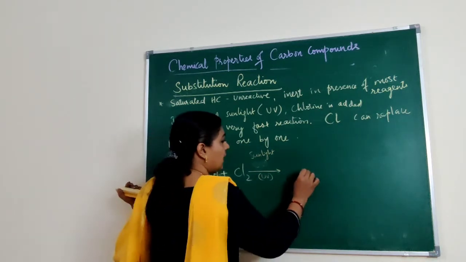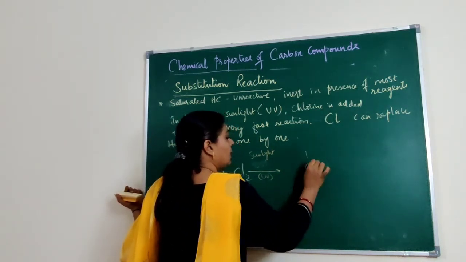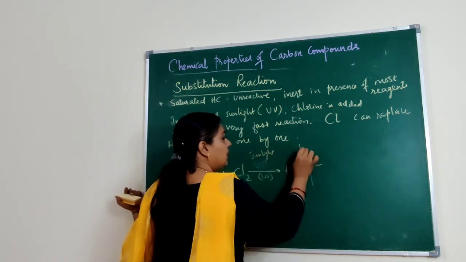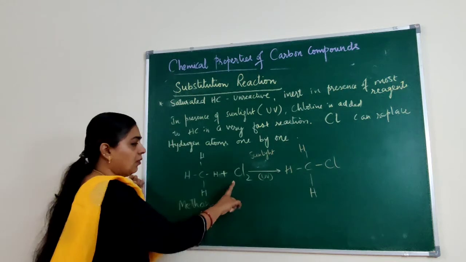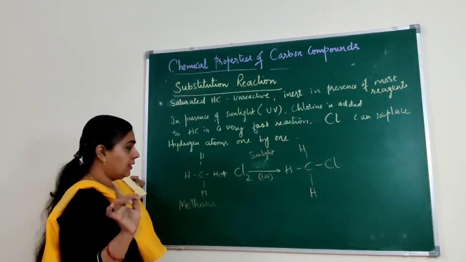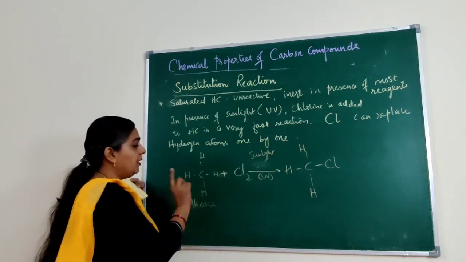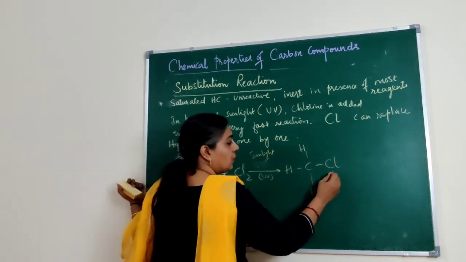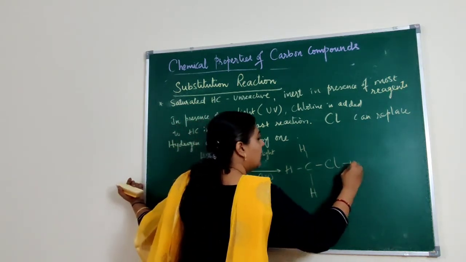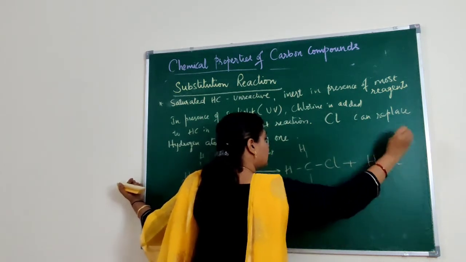Out of two chlorine atoms, one will be replacing one of the hydrogen, and the chlorine will take the place of the hydrogen, and it forms HCl.